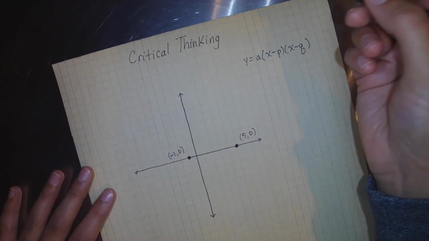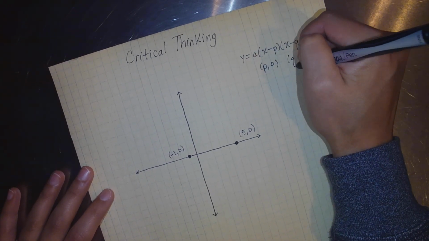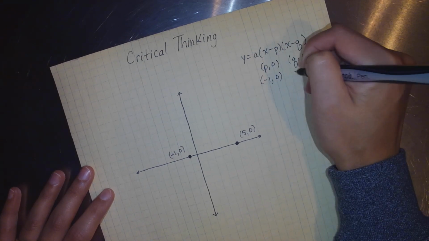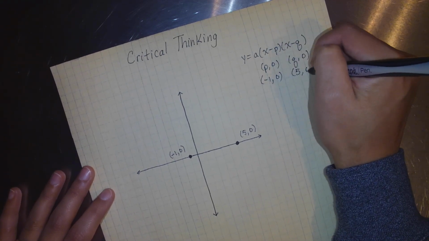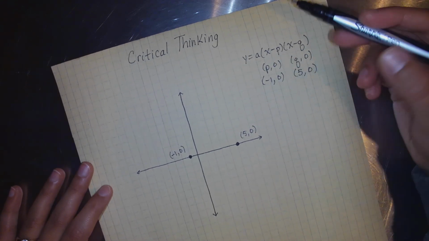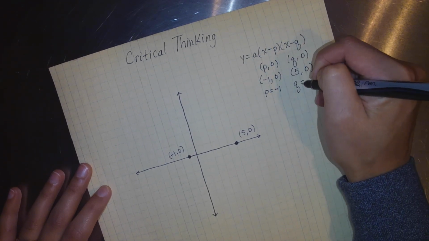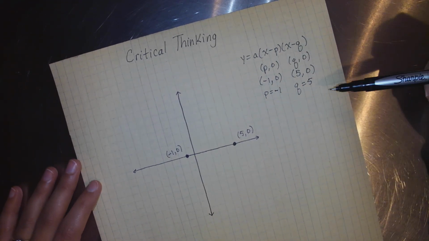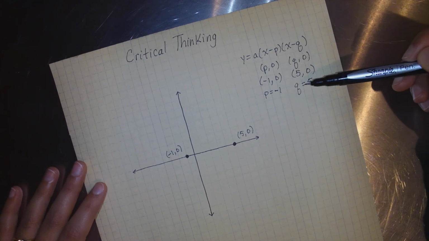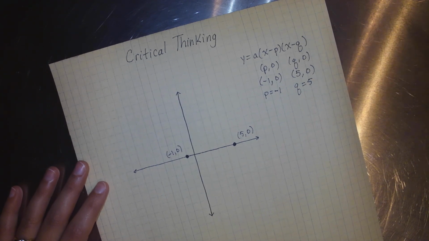So my (p, 0) is (-1, 0), and my (q, 0) is (5, 0). That means my p is equal to -1 and my q is equal to 5. Now we need to change those signs, because to take it out of the formula we flip the sign, so we flip it again to put it back into the formula.